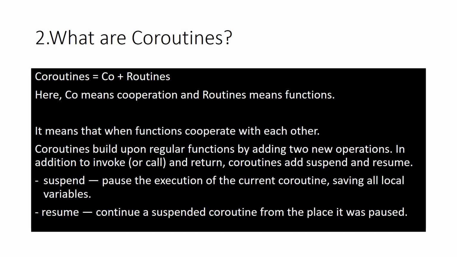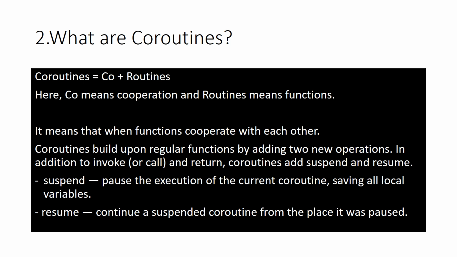So, what are coroutines? Coroutines, as the name indicates, co plus routines, where co means cooperation and routine means functions. When functions cooperate with each other to perform a particular task, we can say that is a software component called coroutines.